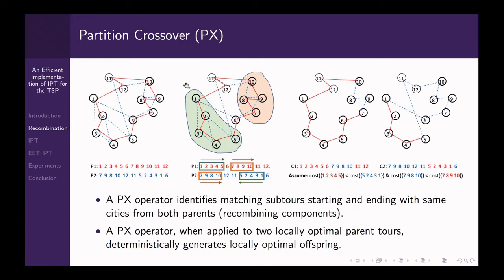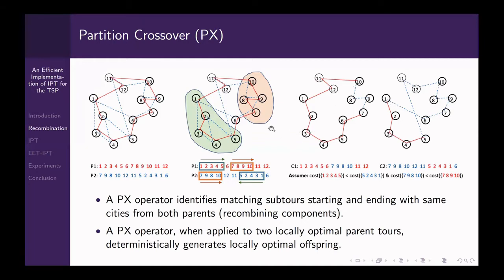So basically, these partitions represent matching subchains starting and ending with the same city from the two parents. Once these have been identified, they can be considered as the recombining components, and from each recombining component, we choose the shortest subtour from either parent and then combine with the remaining part of the tours to get the corresponding offspring solutions.